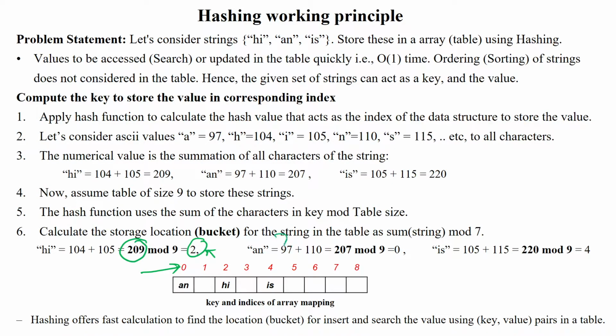So the key, whatever words or characters, even a floating point value, will be converted into integer numbers. So we use the index value as a numerical number. So we have to convert the given input into a numerical key.